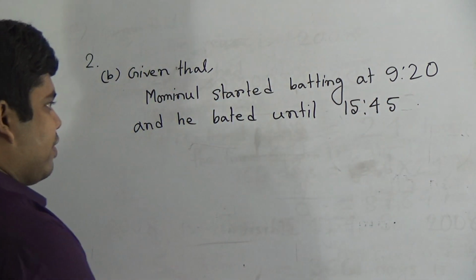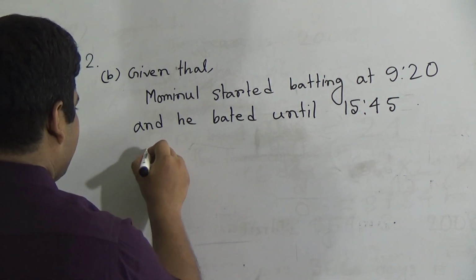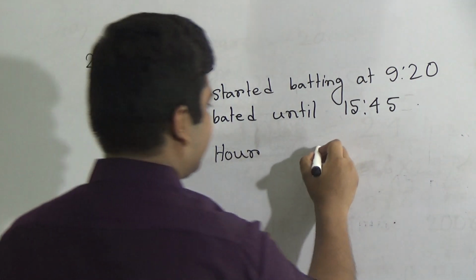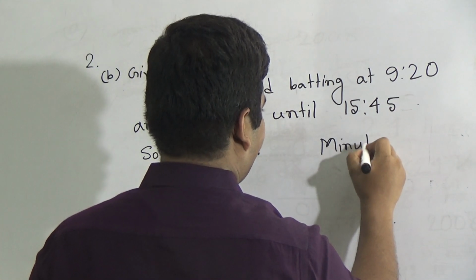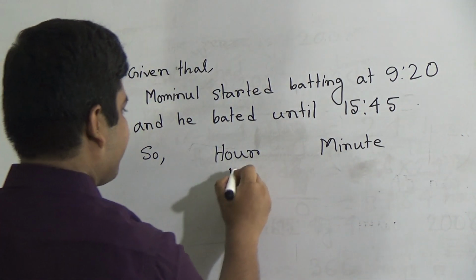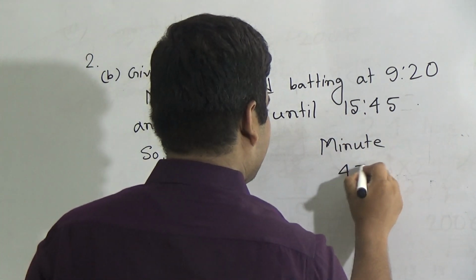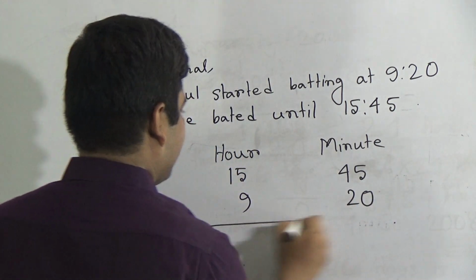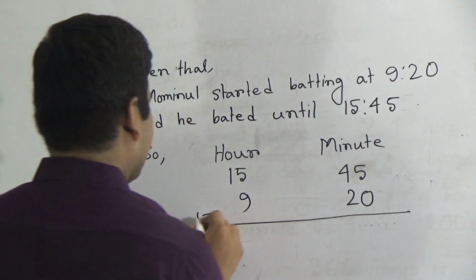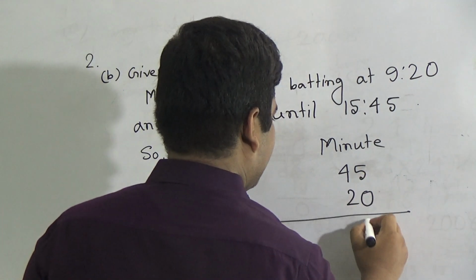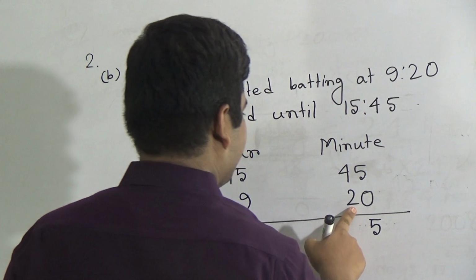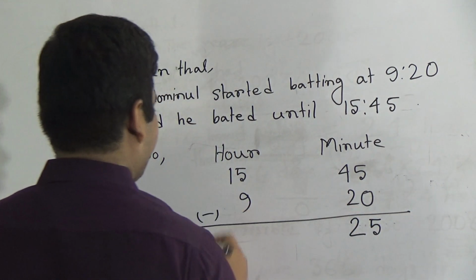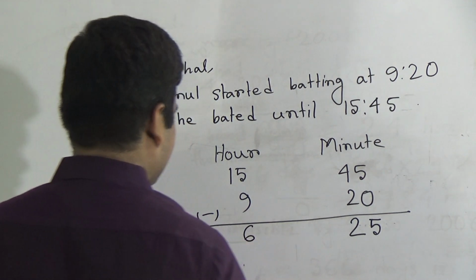Now we want to find out the duration. So hour, minute. Here hour is 15 and minute is 45. Here it is 9 and 20. Now we subtract and we get 5, 0, that means 5. 2 subtracted from 4 we get 2. Then 9 is subtracted from 15 we get 6.